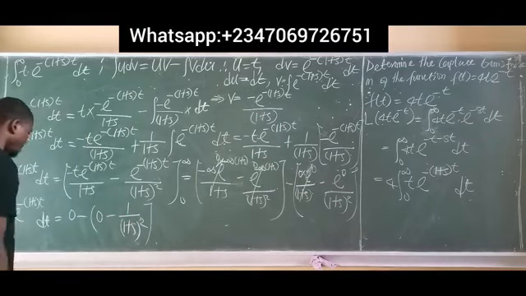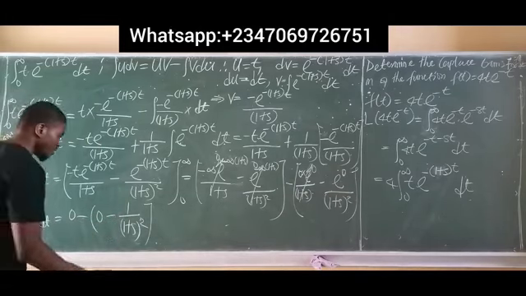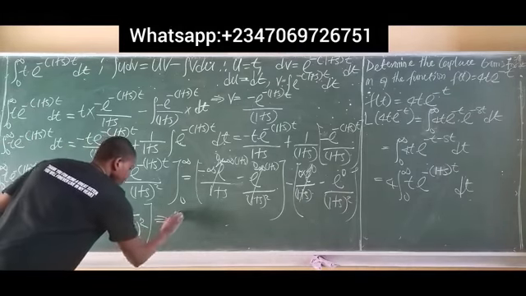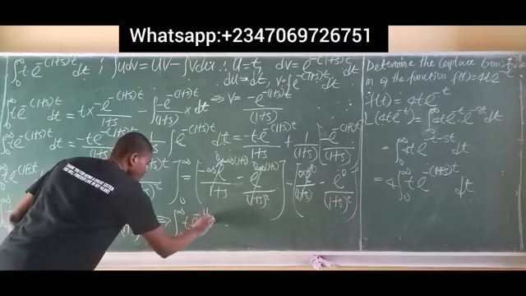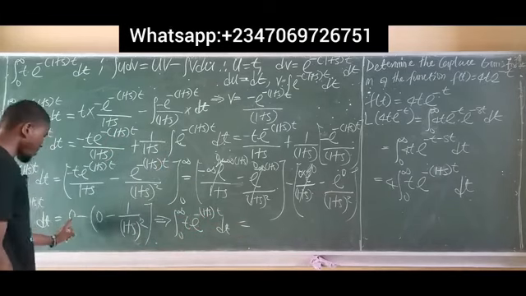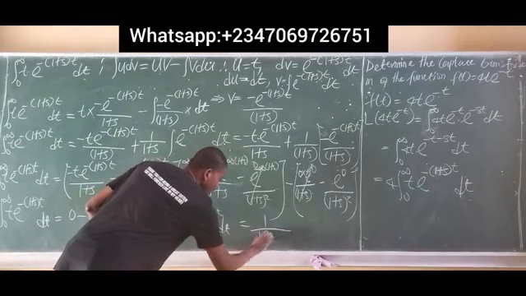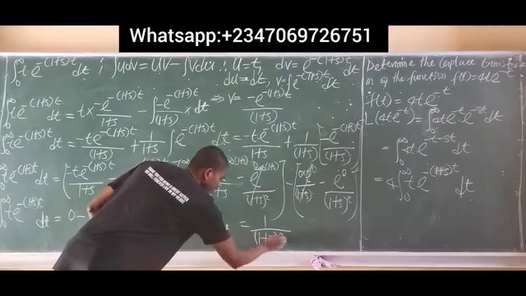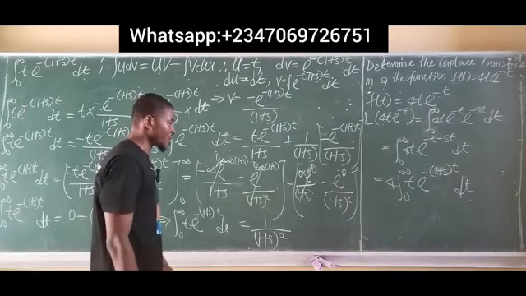Minus times minus becomes plus. Hence that integral is equal to 1 all over (1+s) all squared. So this is my integral, but not what I'm looking for.